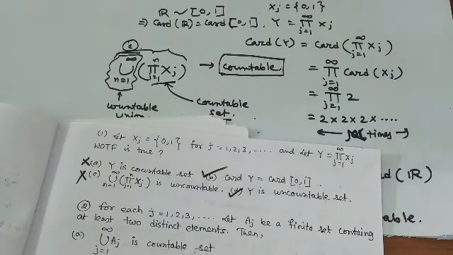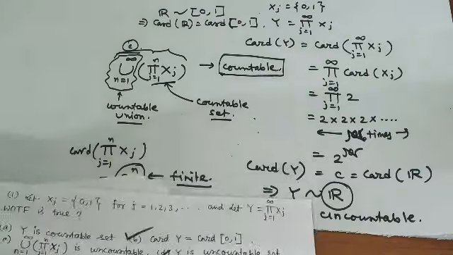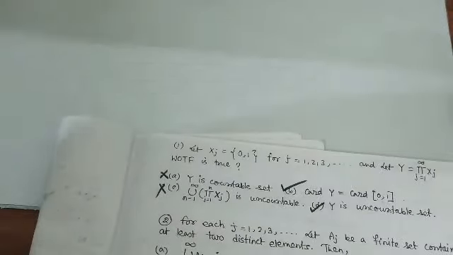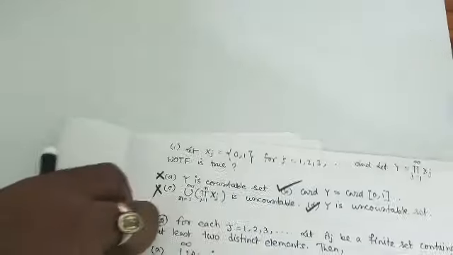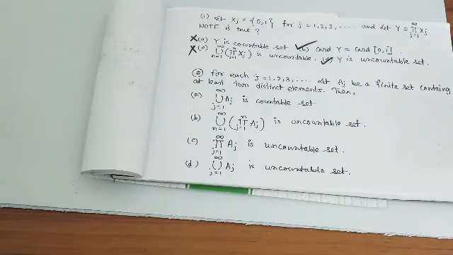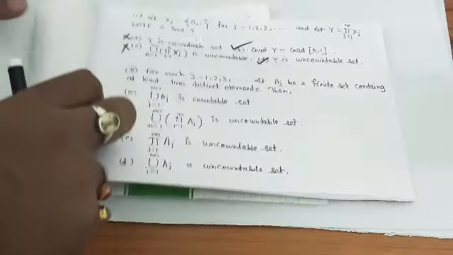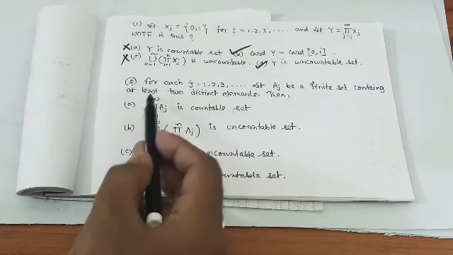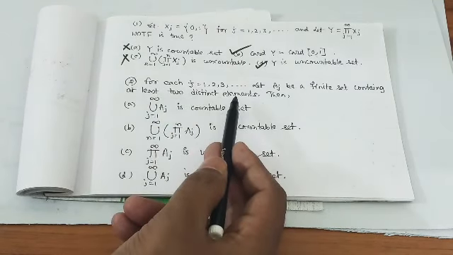Fine. Okay, let's come to the second problem. Read it carefully. It says that for each j equals 1, 2, 3 and so on, let Aj be a finite set containing at least two distinct elements.